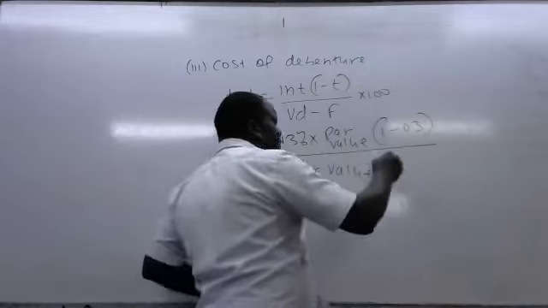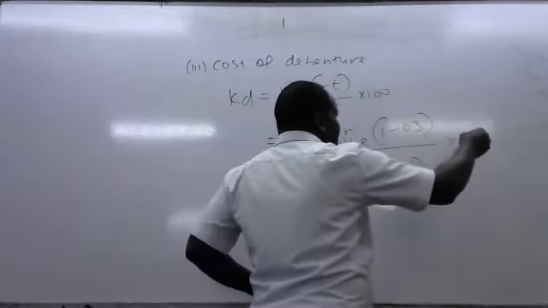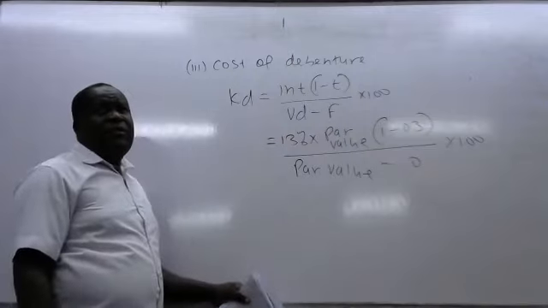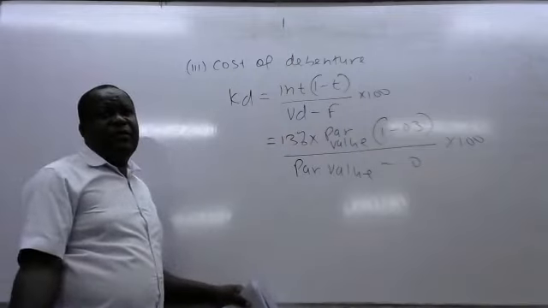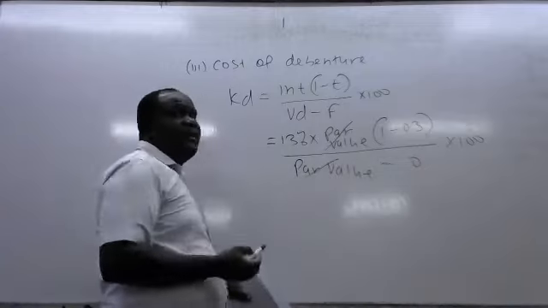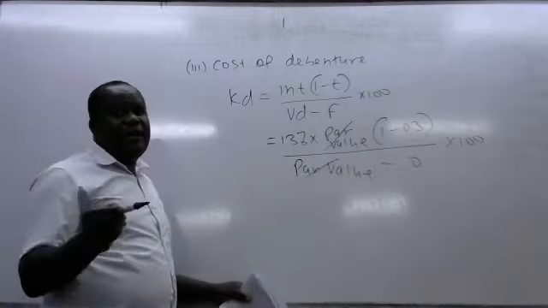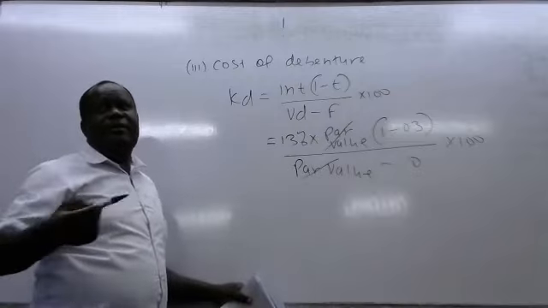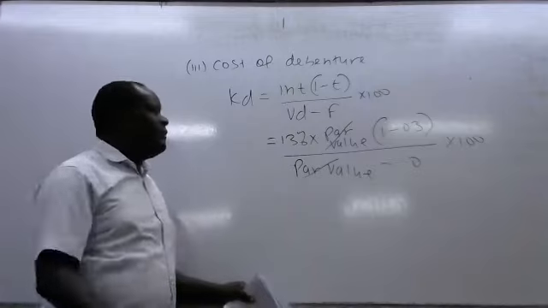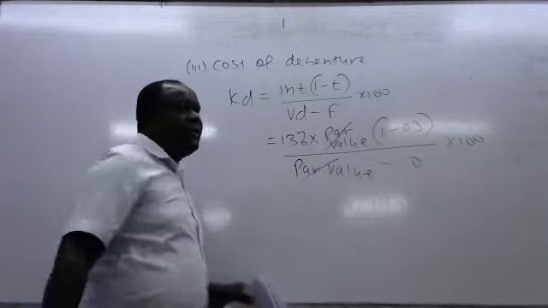The question had no flotation cost. Then we express it as a percentage. So the par value was not given, so they will simply cancel off like that. They were issued at par. Interest is calculated on their par value, but the figure has not been given. If it was there, they would have cancelled.